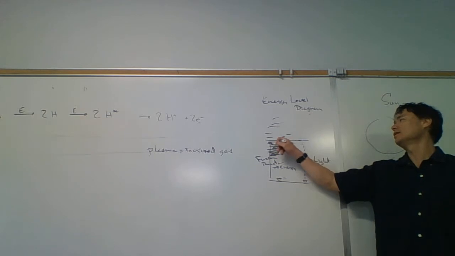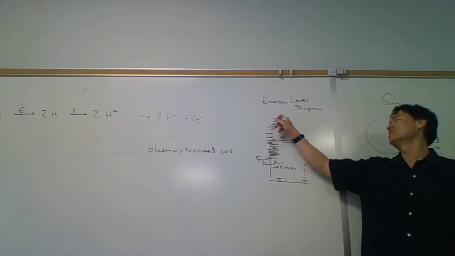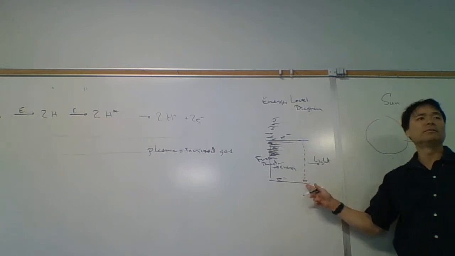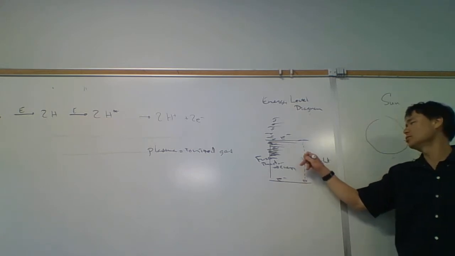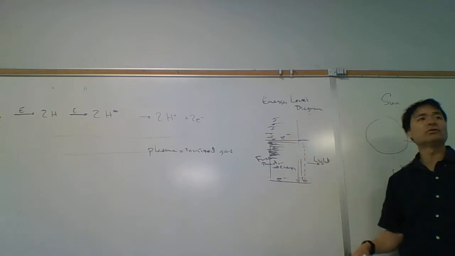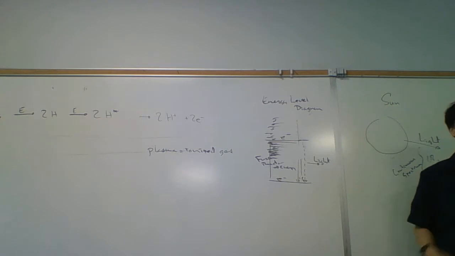And so when we look at these, this is pretty much just continuous. Wherever it ends up and then drops down, it will emit different colors of light. If it doesn't get too excited, it will emit red light. If it gets much more excited, it will emit violet or ultraviolet light, even X-rays, depending on how excited the electron gets. And so that's what we see.